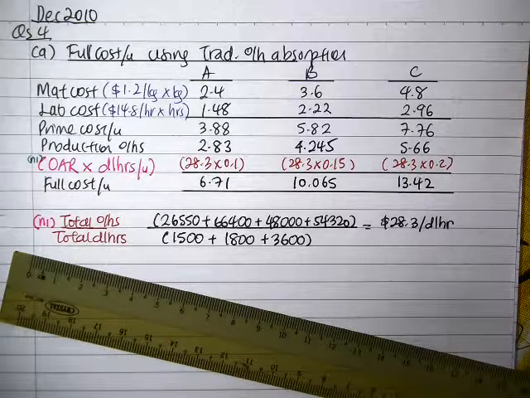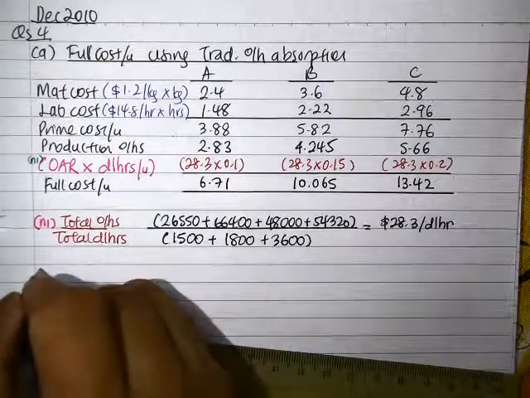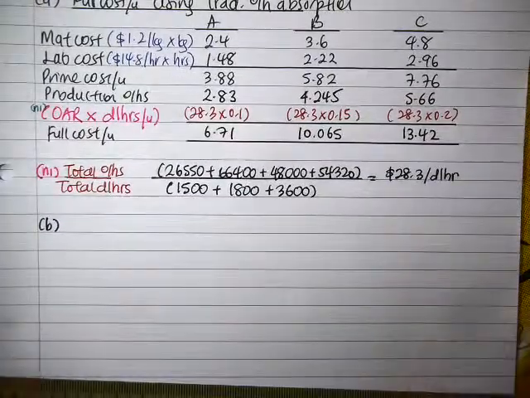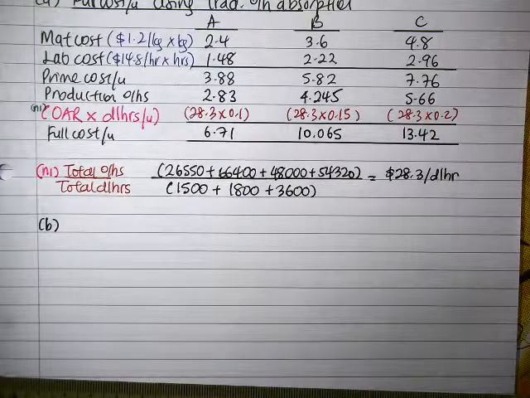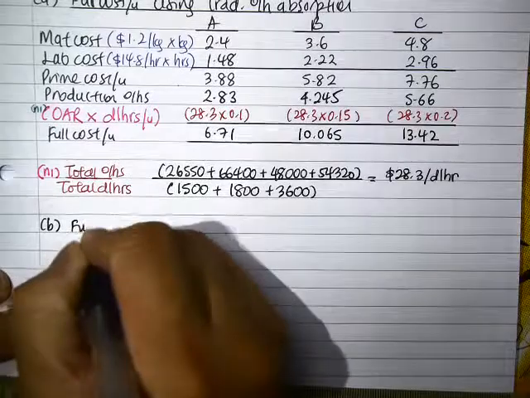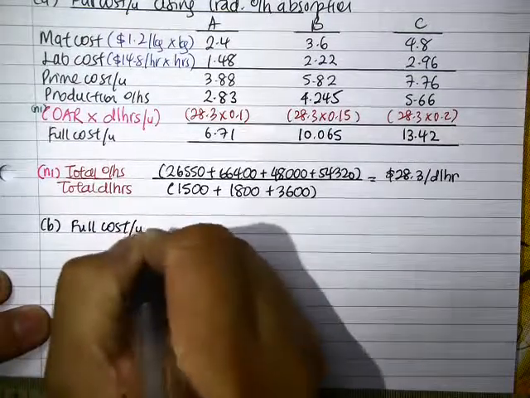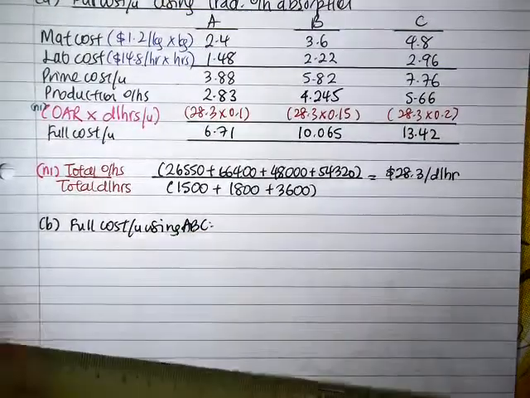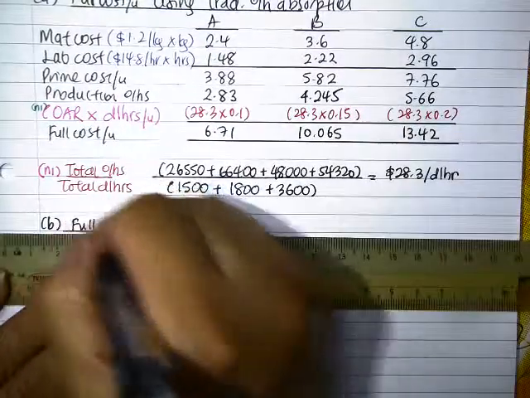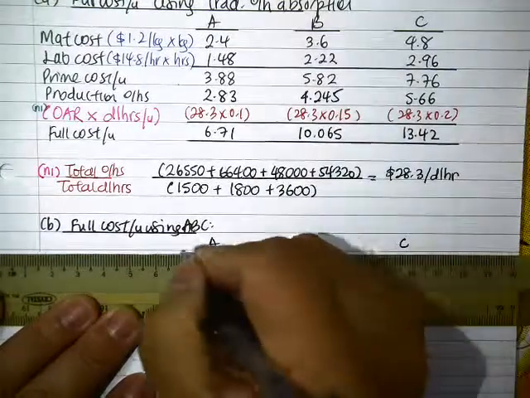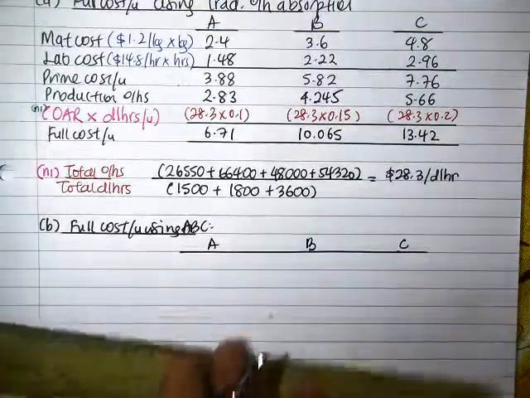Bonus, 5 marks bonus. Now part B, now they would like you to work out again, but they would like you to switch to activity-based costing. So your full cost per unit using activity-based costing. So again, A, B, C. Well, I don't have to calculate all over again, right?